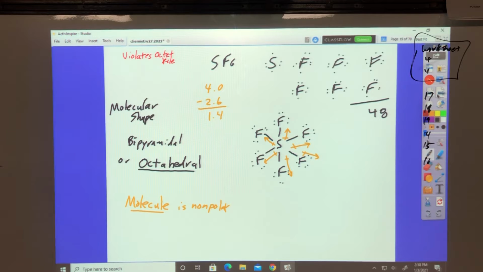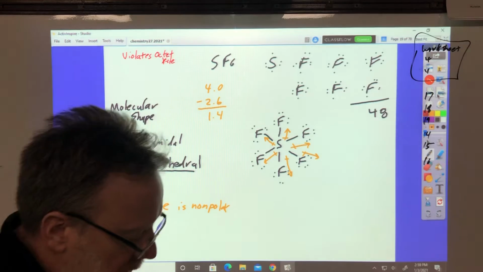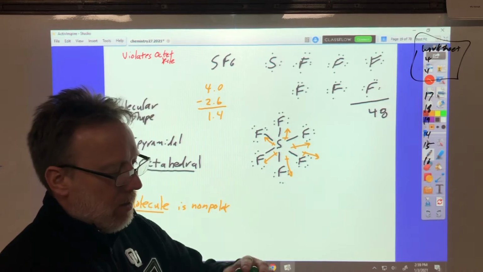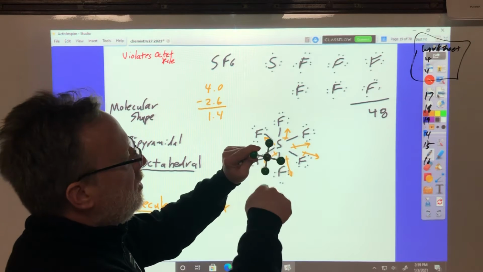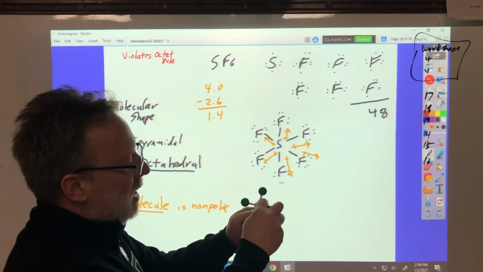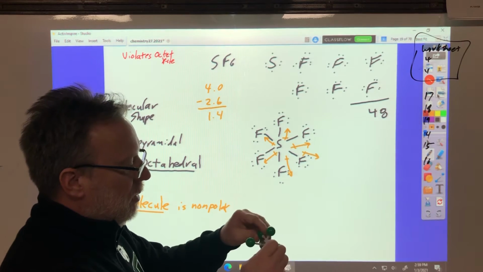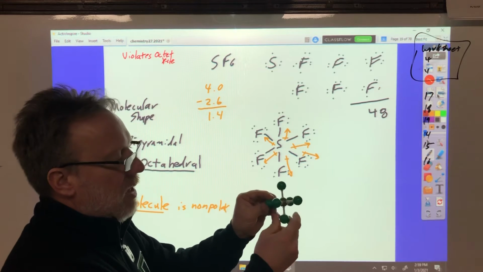This type of kit here, by the way, is called an Old Knobby, and I recommend this for organic chemistry, but if you had it, it'd be helpful for this too. Okay, so I've got two this way that cancel, two this way that cancel, and two this way that cancel.